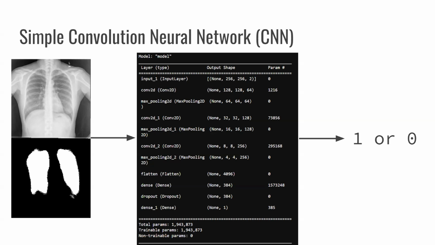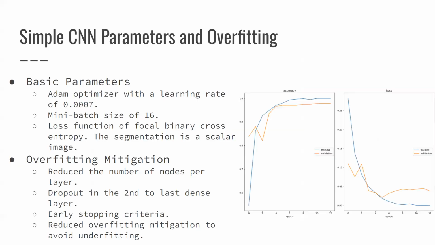I sprinkle in some dropout for overfitting prevention. Then I use a sigmoid to output 1 or 0. So you can see on the left and right, I take the chest X-ray images and the masks as input, then I put it through the model, and I determine whether 1 or 0, whether pneumonia or not pneumonia. The simple convolutional neural network model.